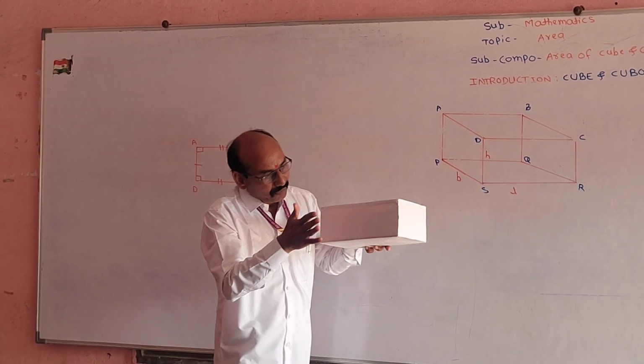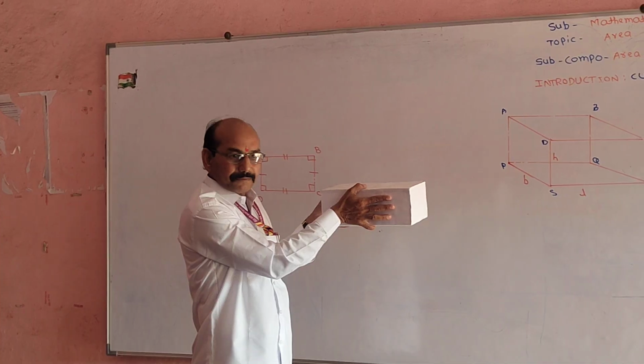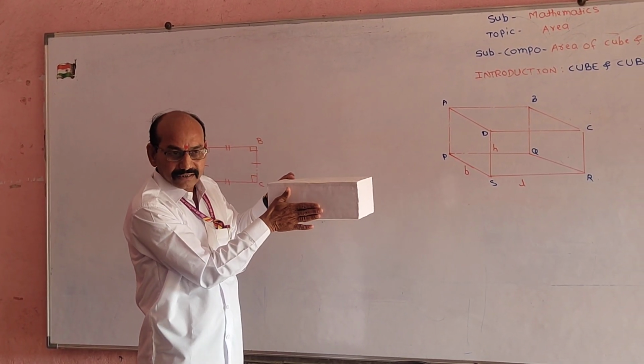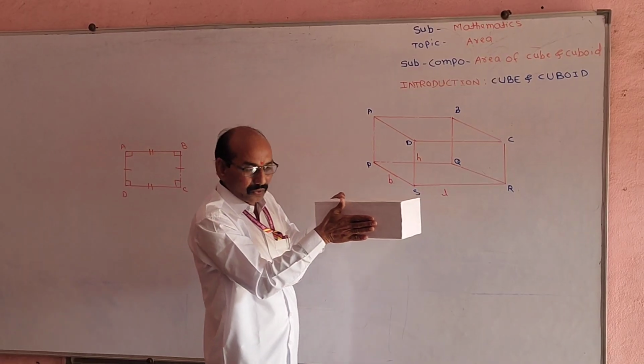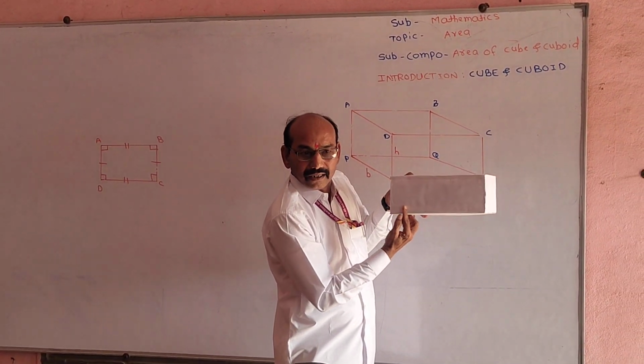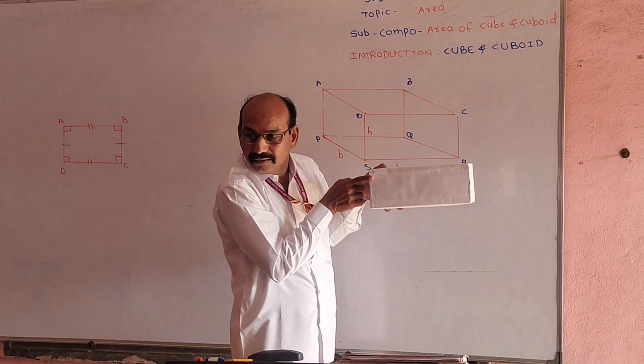Now take only one face. We know this face is a rectangular face. In a rectangle, this one is the length and this one is the breadth.